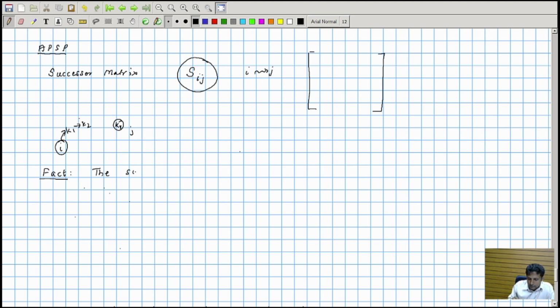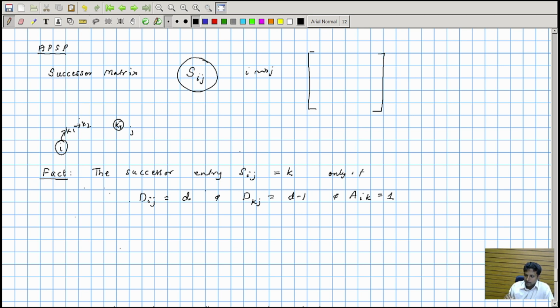The successor entry S_ij is equal to k only if the distance d_ij is equal to some d, d_kj is equal to d minus 1, and a_ik should be equal to 1.